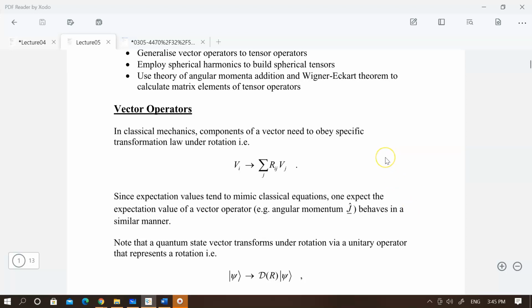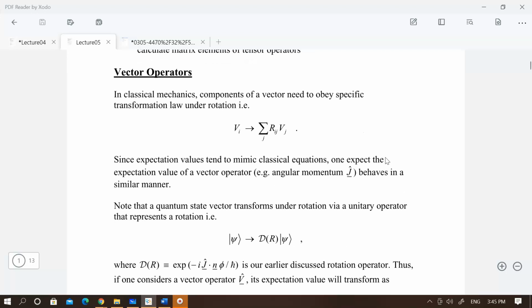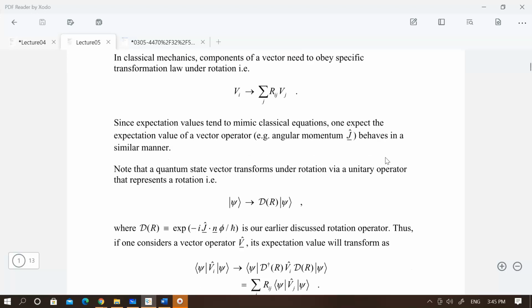Okay, so how would that actually translate to quantum theory? This part, the rotation matrix, should now be translated into the rotation operator that we have been studying all along. But now, what's the analog of this thing?